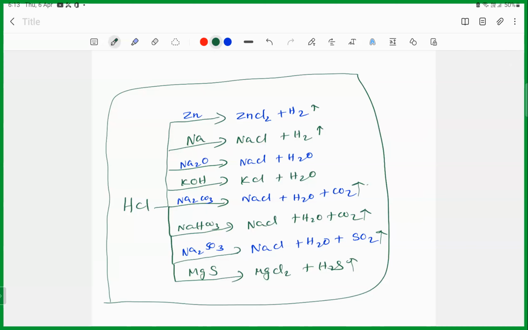Next, base. What is base? In many places, they say everything negatively charged is a base. But we should not say like that. When an electron rich place readily forms a bond with the H plus ion, then it is called a base.